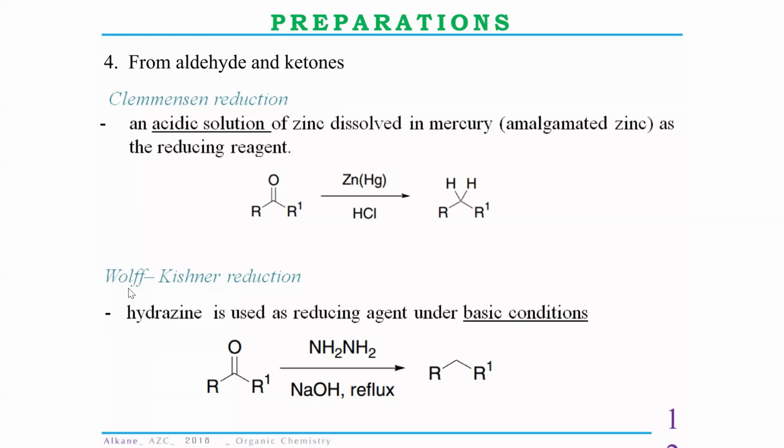In their presence, you can generate alkanes from ketones. So it means that you can convert ketones to alkanes in the presence of zinc amalgam and hydrochloric acid.